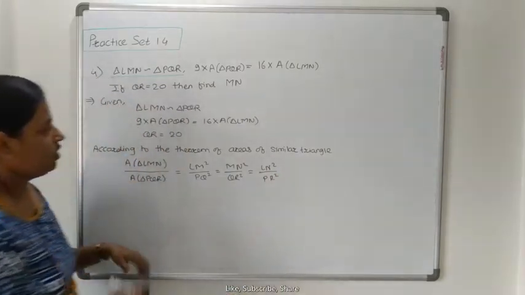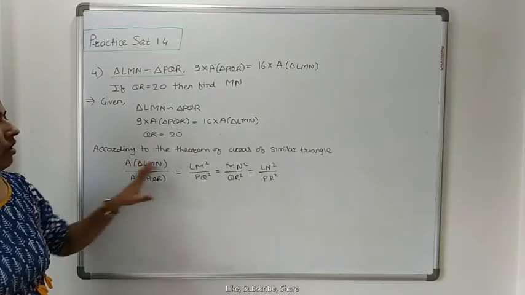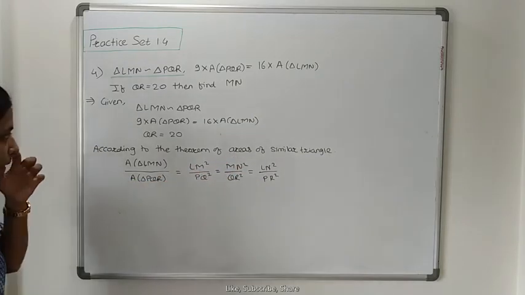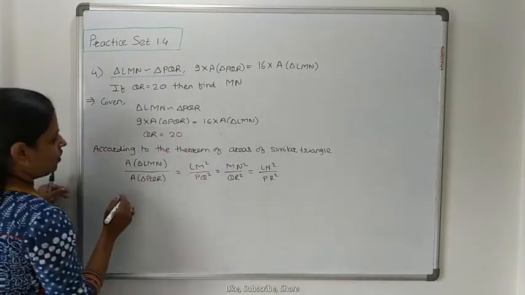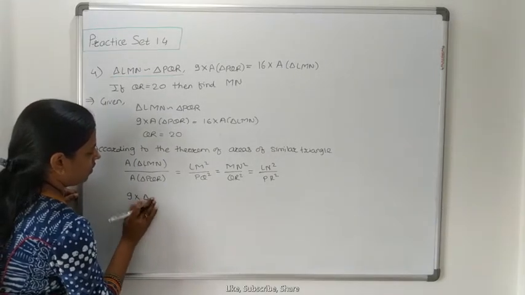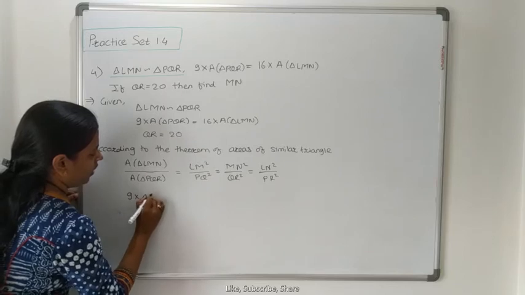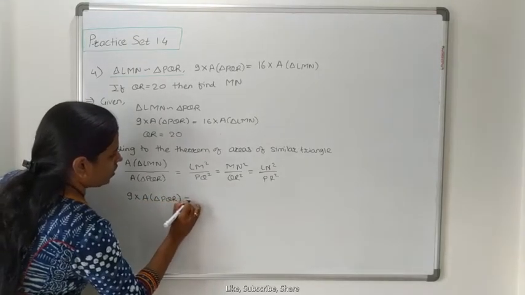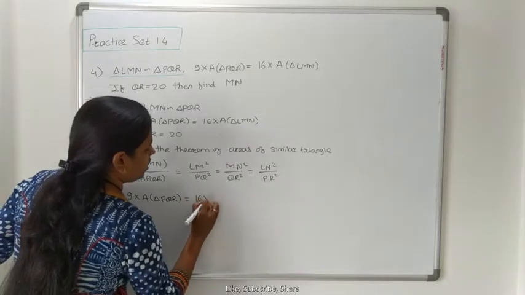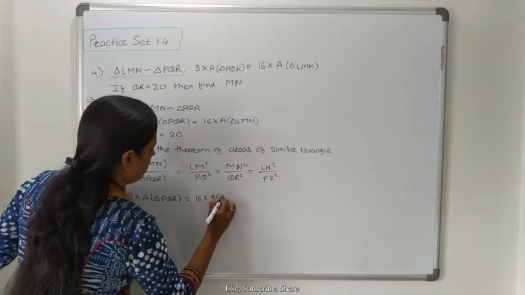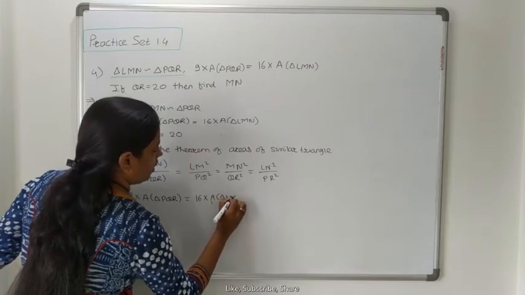So this is your theorem of areas of similar triangles. But what is given here? You are given that 9 into area of PQR is equal to 16 into area of triangle LMN.